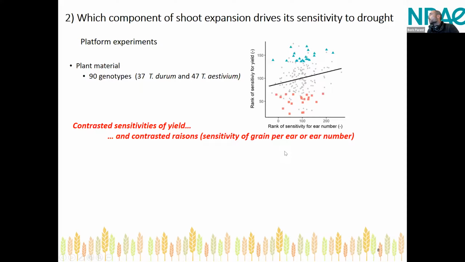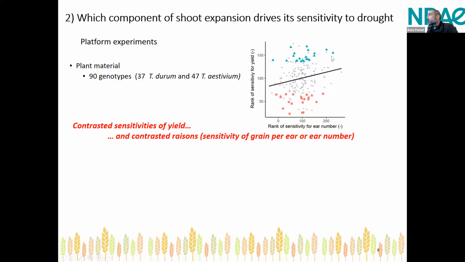And because of the result of the field, we selected genotypes which had contrasted sensitivity for yield. So with sensitive genotypes, the red one, and the blue one are less sensitive genotypes, but for different reasons.